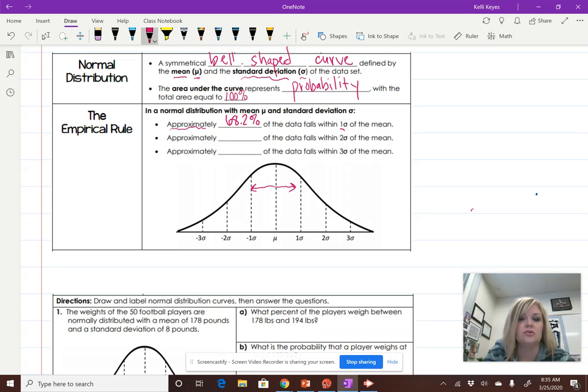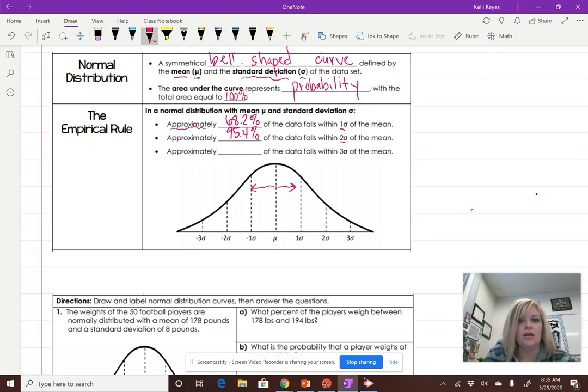That's 68.2. And I'll show you each percentage. So the next one is approximately 95.4. Let me check. Yeah, 95.4% is within 2 SDs of the mean.